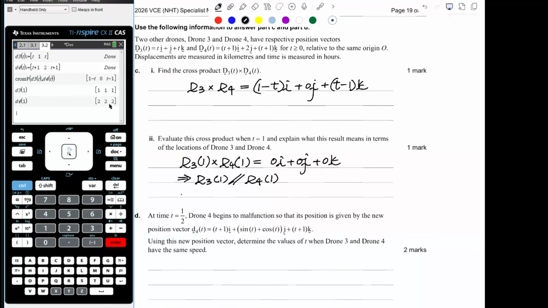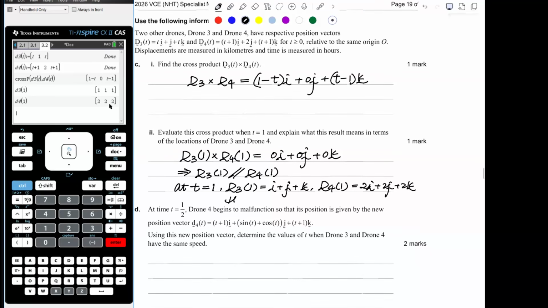Therefore, the positions lie on the same line originating from 0, 0, 0.